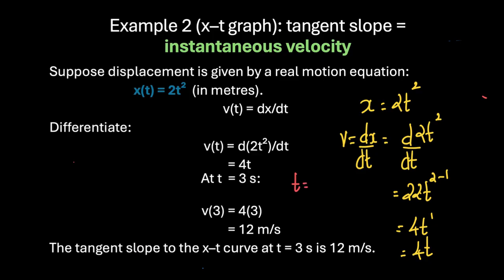And when t is equal to 3, what we get is 4 into 3, which is equal to 12. Okay. Now let's visualize the same thing on a graph.